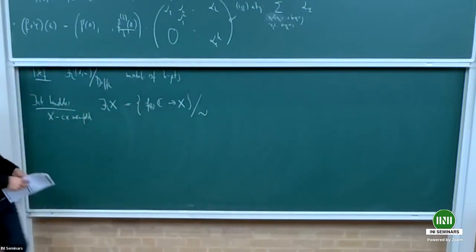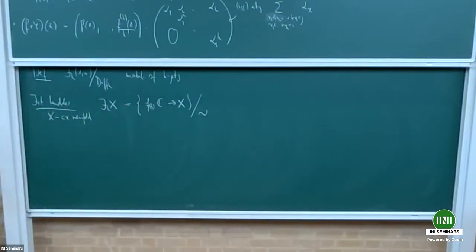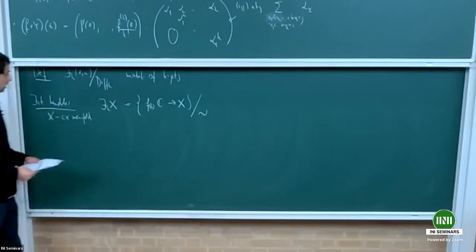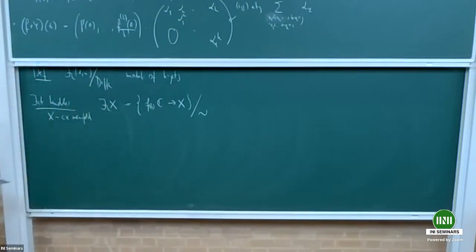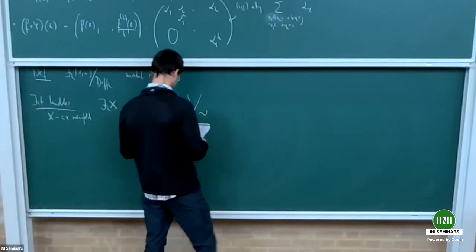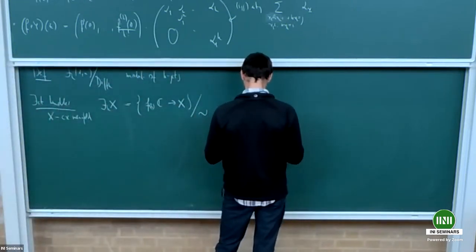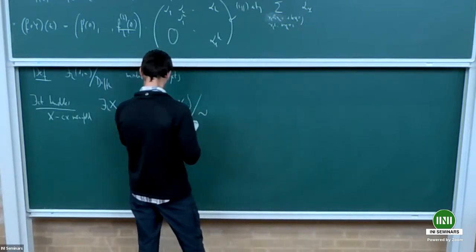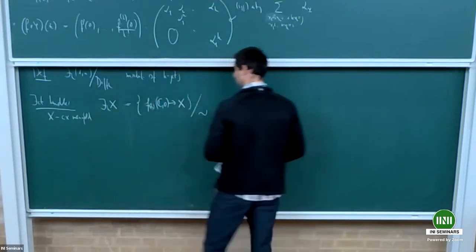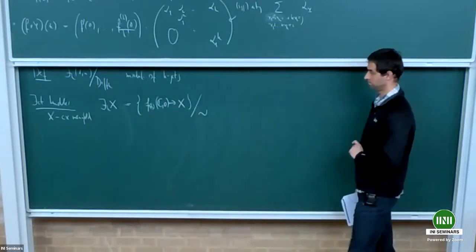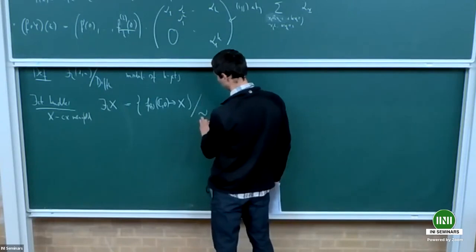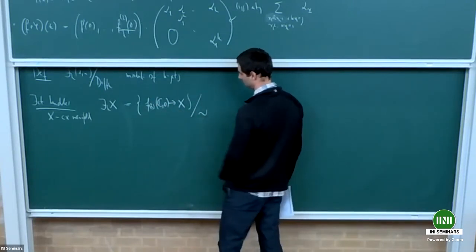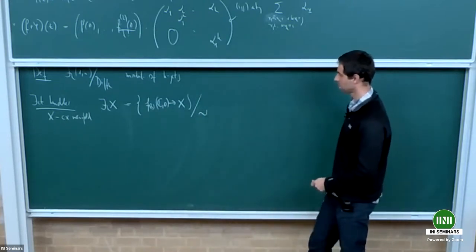Two jets are considered equivalent if the first K derivatives are equal at the origin. So two maps are the same if the first K derivatives are equal.